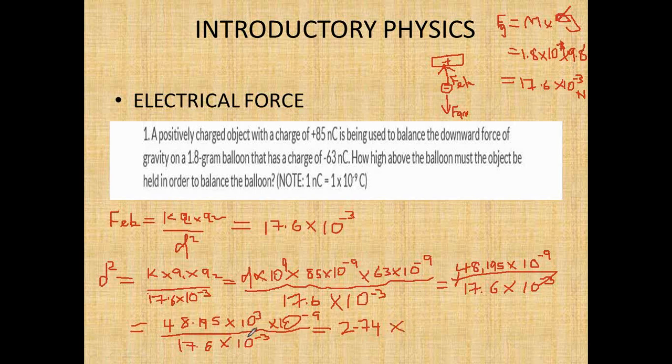Now, when you're dividing by a number raised to a negative power, if you take it on top, it's going to become positive. So this will become positive 10 to the power 3. You already had a 10 to the power 3 there, so you have 10 to the power 3 times 10 to the power 3, and then your 10 to the minus 9.